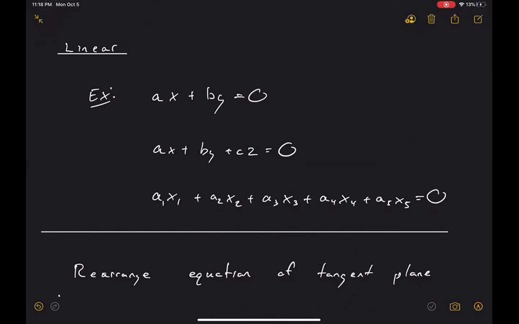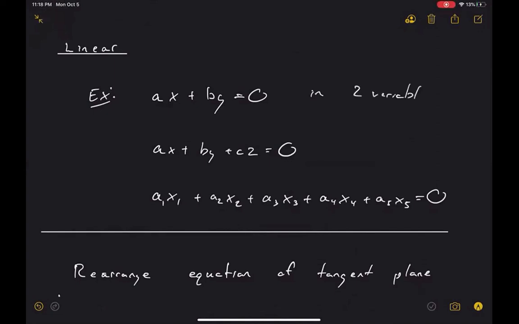If I'm only multiplying those variables by constants and then adding everything together, I call that a linear equation. So this is a linear equation in two variables.